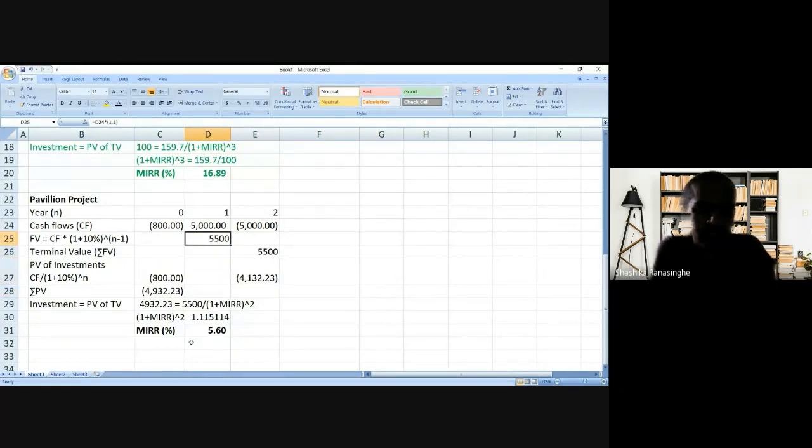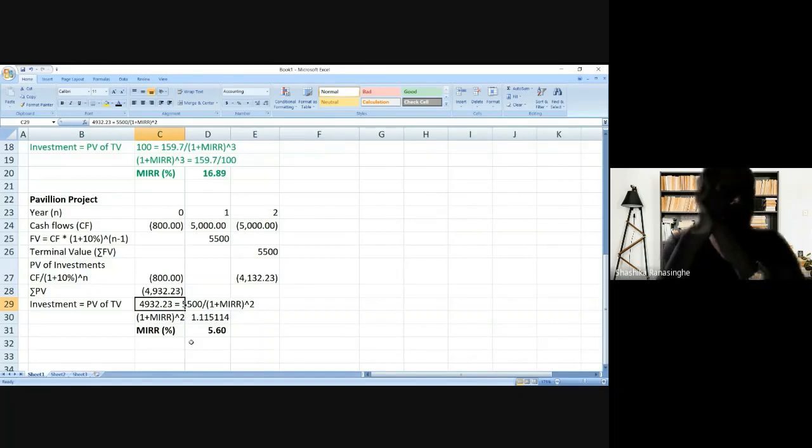Then you have to get the future value of all inflows and the present value of investments. Right. Then the modified IRR is the discount rate at which the future value is equal.